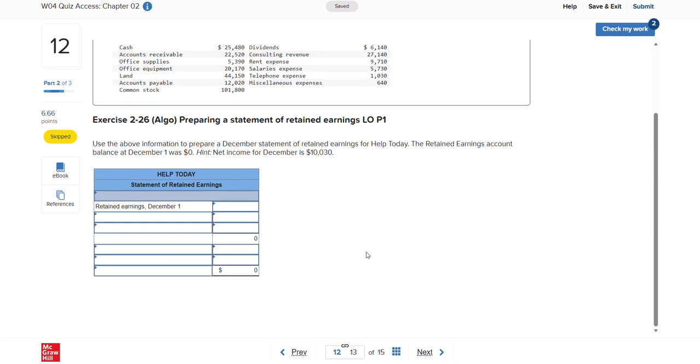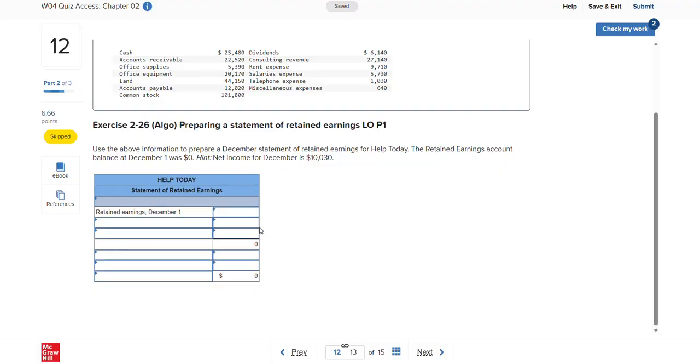So, preparing your statement of retained earnings. Use the above information. The retained earnings account as of December 1 was 0. To find the retained earnings, you have to find the beginning retained earnings, which it's saying is 0.